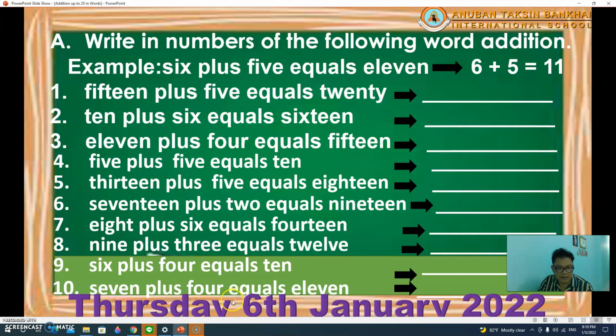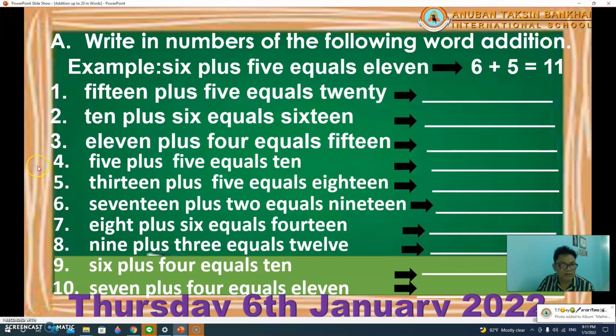What is the day today? Thursday, correct. What is the date? 6th of what month? January 2022. So write the day correctly: Thursday, 6th of January 2022.